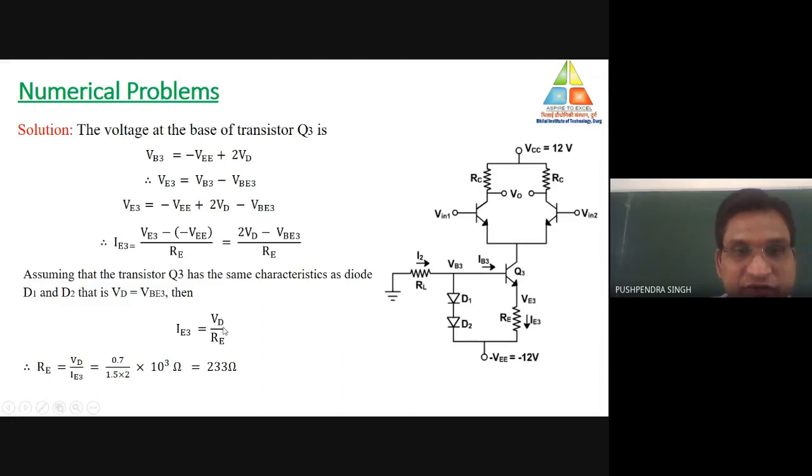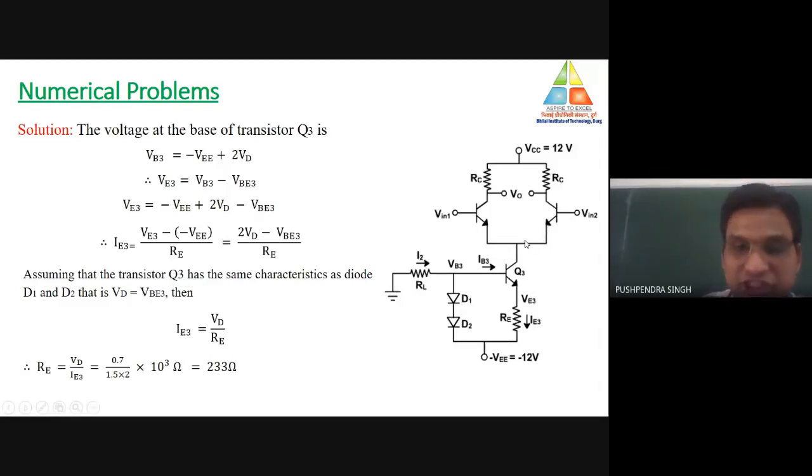The value of VD is given as 0.7. The value of IE3 is also given. I already told you, IE3 is nothing but IC3, and IC3 is the addition of IE1 and IE2.